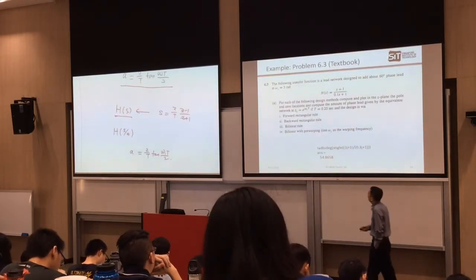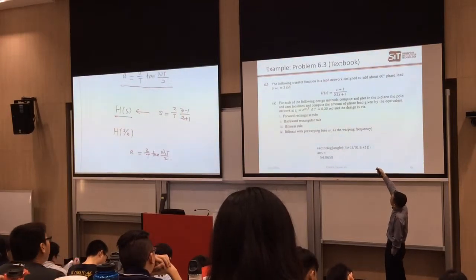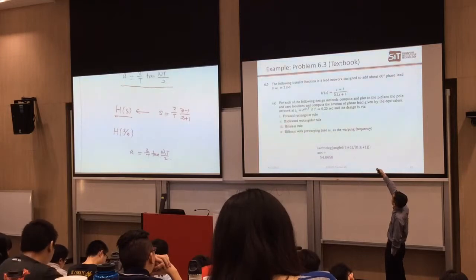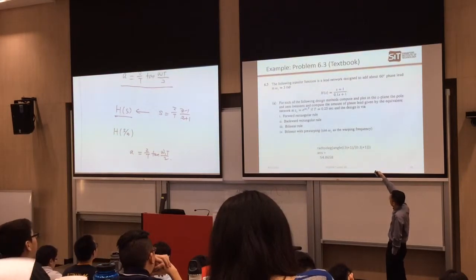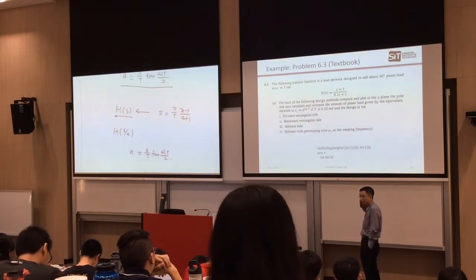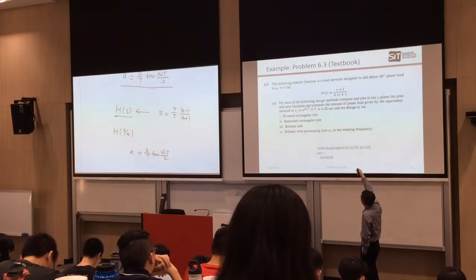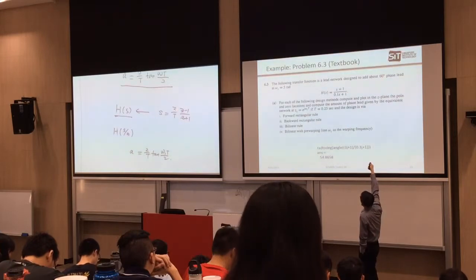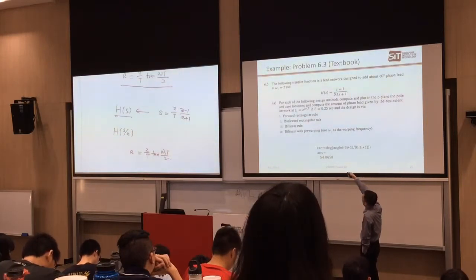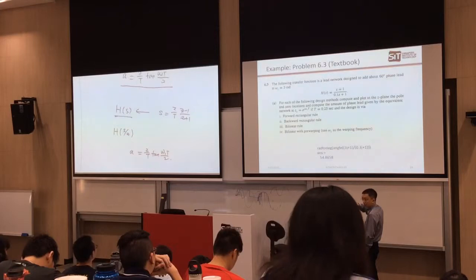For this example, we have an exercise question from the textbook. In this question, we have a phase compensator. For this phase compensator, after you have done your dynamics control and your design technique for the controller, you will notice that if you design it like this, this one will give you a 60-degree phase peak, where your omega is 3.